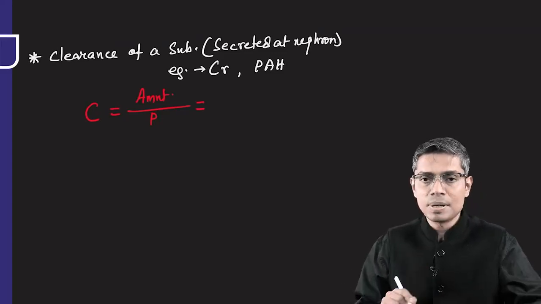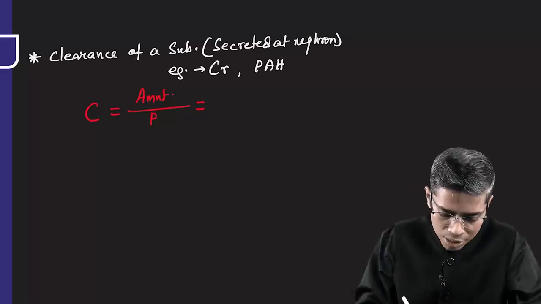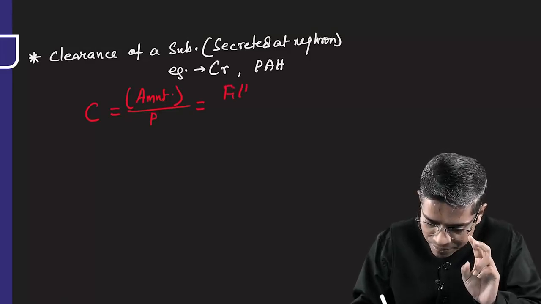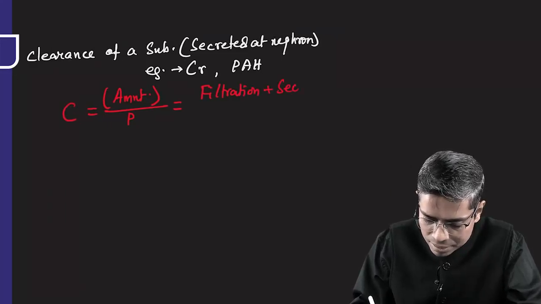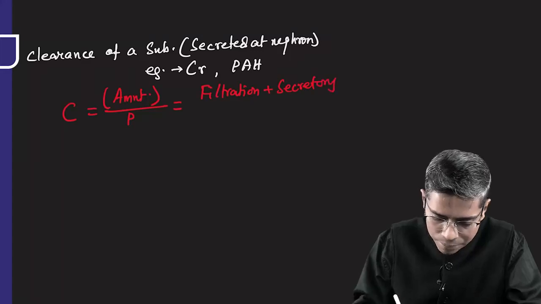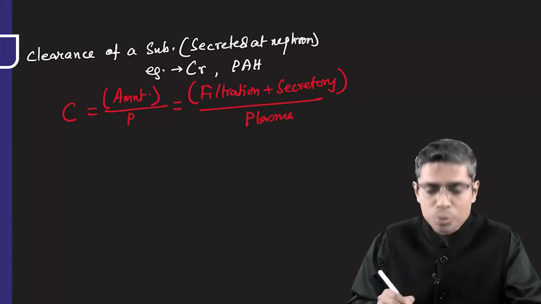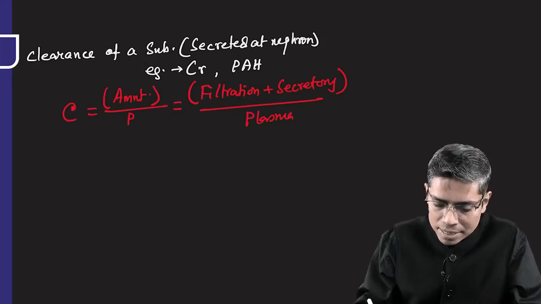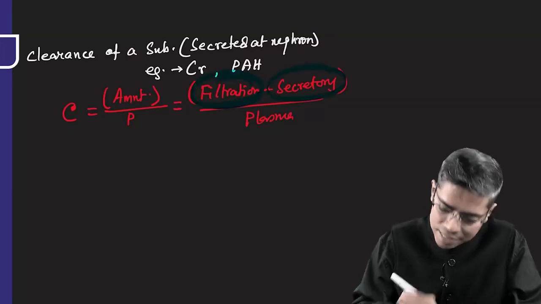Now, in these cases, because the substance is secreted in the nephron along with filtration, the urinary amount is the combination of two basic processes, that is the filtration amount as well as the secretory amount, upon your plasma concentration. Previously, in case of inulin, I was calculating this clearance taking help of only the filtration amount, but here it is filtration amount as well as secretory amount.